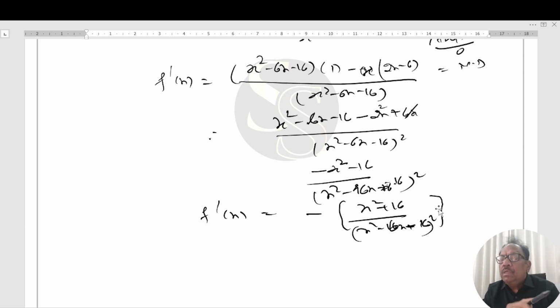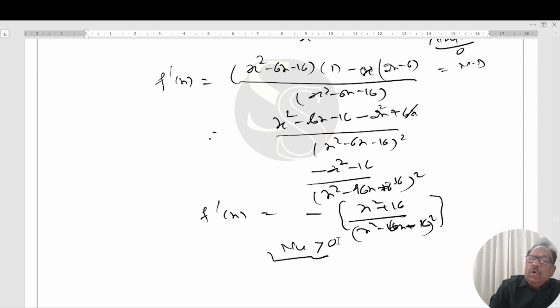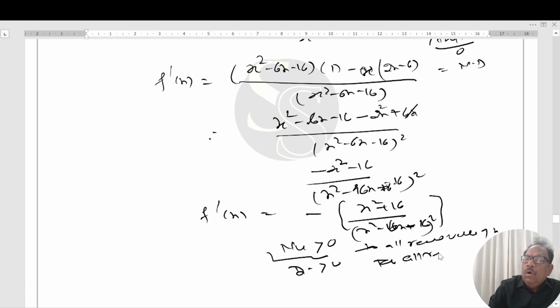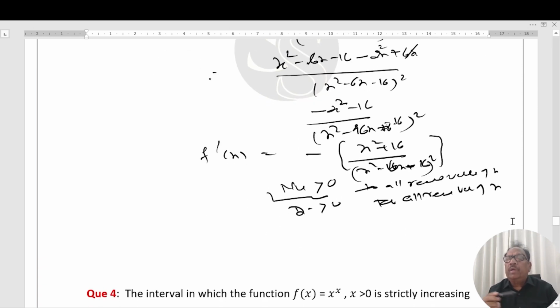In this case, by observation, we are getting that the numerator is always greater than 0 for all real values of x, because x square is always greater than 0 for all real values of x. The denominator is also greater than 0 for all real values of x. No need to find another critical point, right?